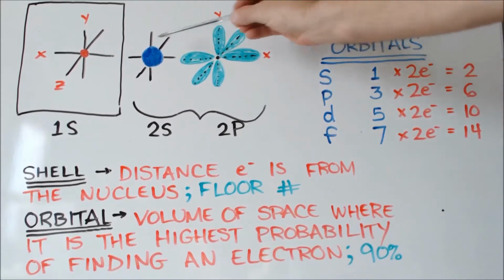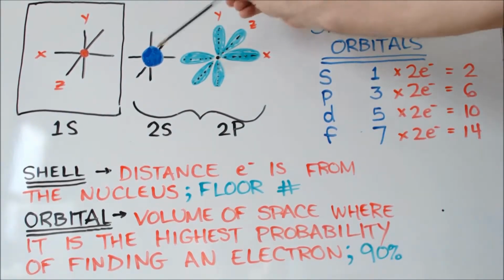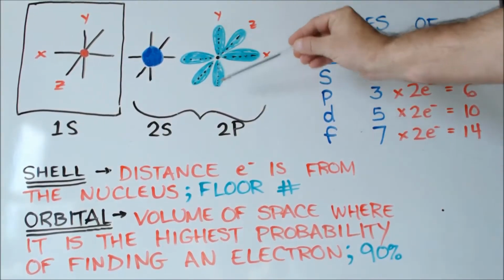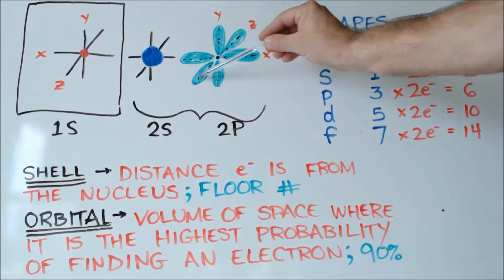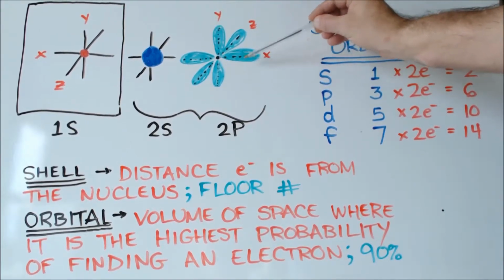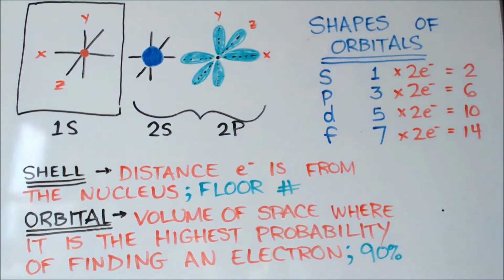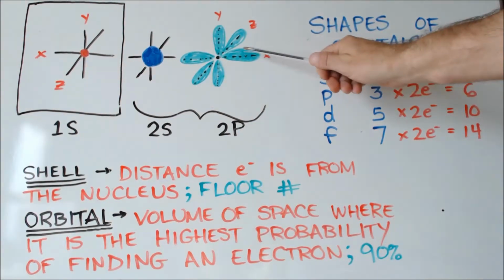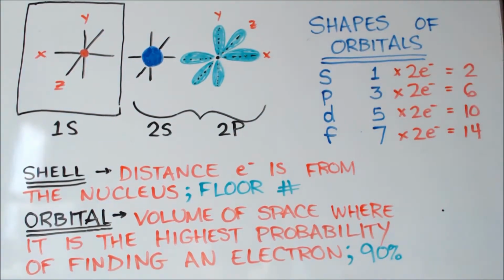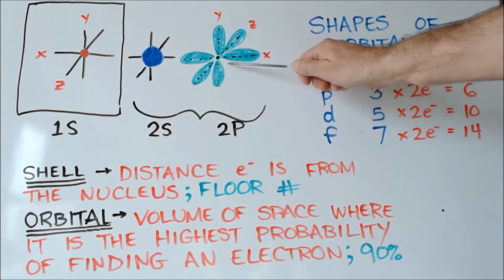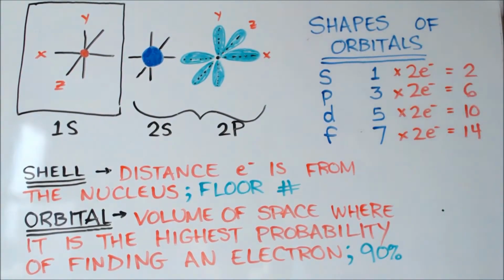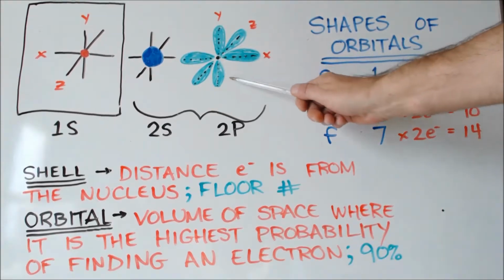There's no space. These are spheres. There's nothing to go in between. But look at these p's. The p orbitals have these spaces, right? And the d orbitals kind of shove themselves in there. That's why they're higher energy, because they have other electrons all around them, repelling them. So even though they're a closer floor, they are higher energy than the 4s.